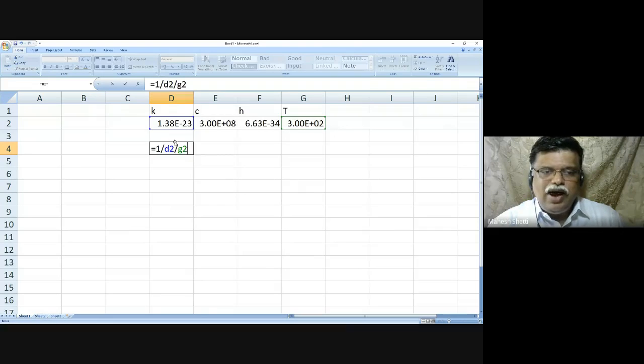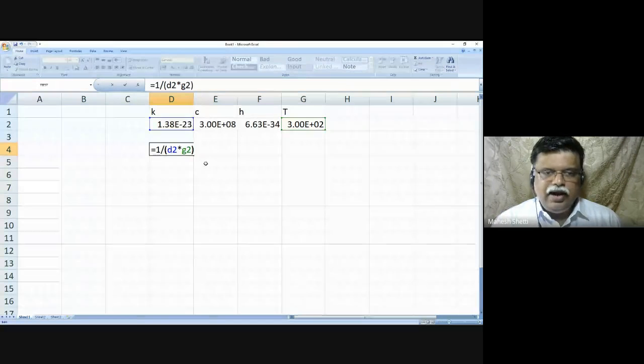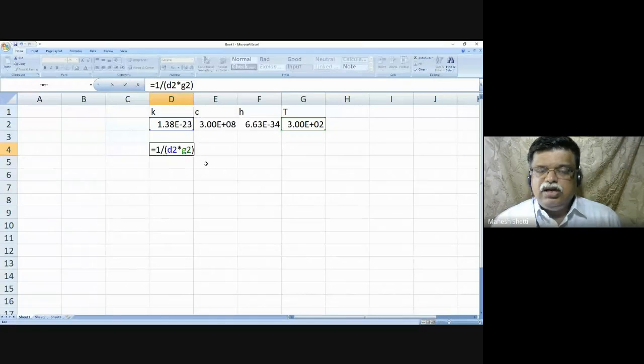To that value, I have to further divide, because T is also in denominator. So I have to do 1 by D2, divided by G2. If I want to consider this as kT, what I should be doing is I have to put a bracket, then multiply, and do this.